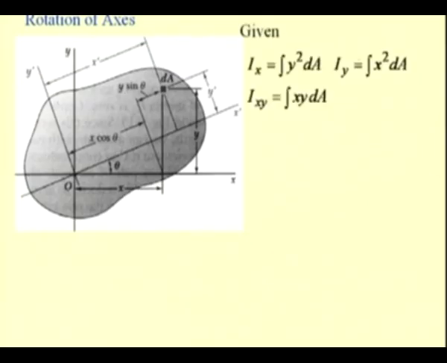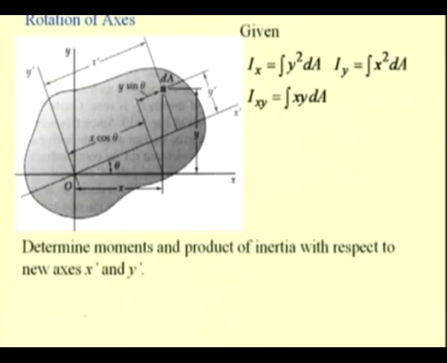These values are known. Now, we want to determine the values I x prime, I y prime and I x prime y prime, that is the second moments and product of inertia for the rotated axis x prime y prime.